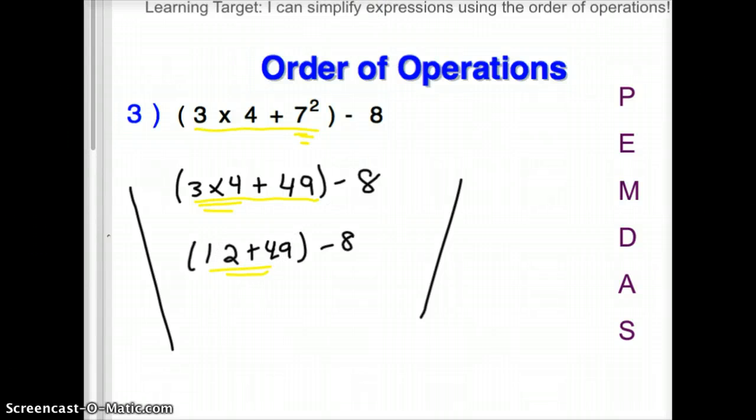Now the only thing left to do is to add. That 49 looks kind of funny, but that is a 49. 12 plus 49, 61. Bring down the minus 8. 61 minus 8, that would leave us with, I believe, 53. So there would be my final answer.